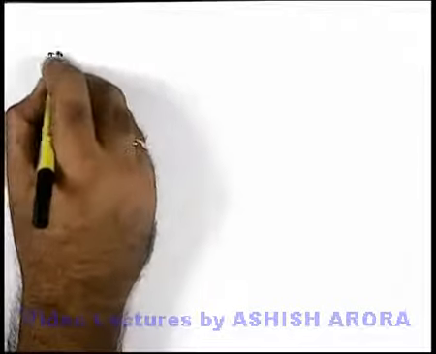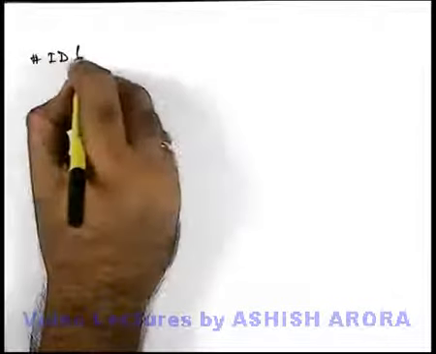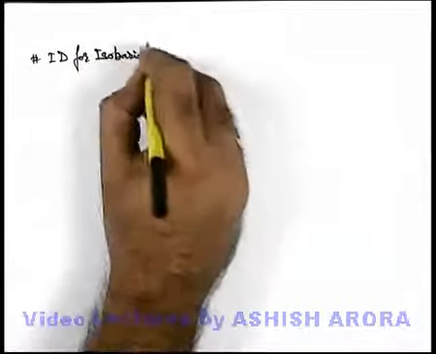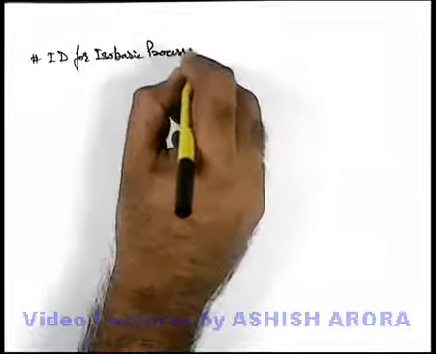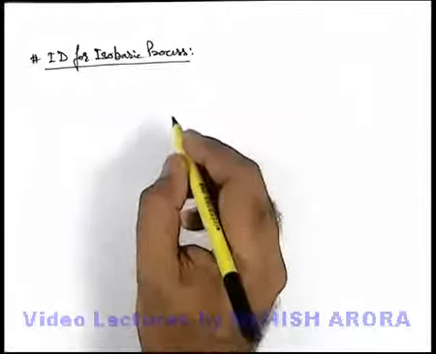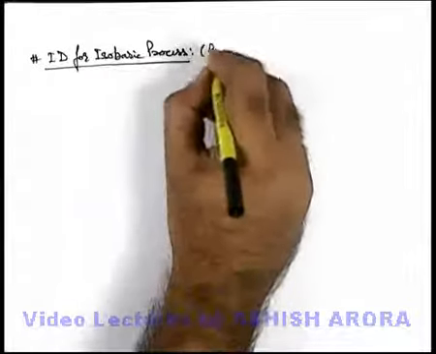Now in sequence, we can discuss the indicator diagram for isobaric process also, because it is always useful to study the indicator diagram corresponding to each process we study. As we know, in isobaric process, pressure remains constant.